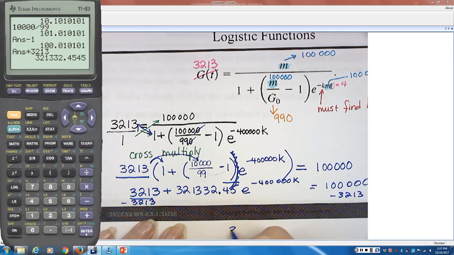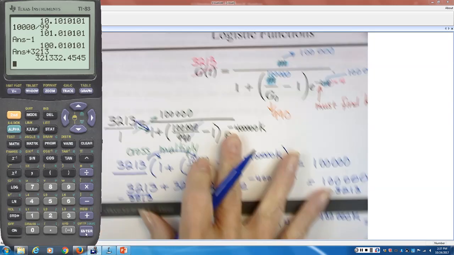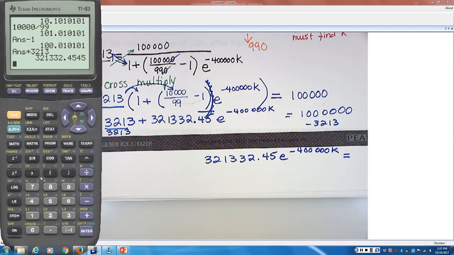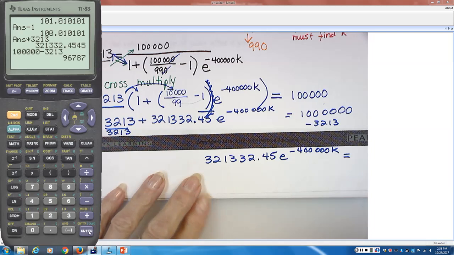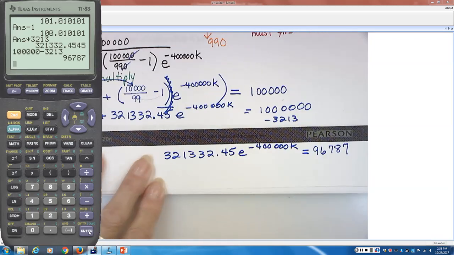So at that point, we have 321332.45 e to the negative 400,000 times k is equal to, let's see, what is 100,000 minus 3213? 96,787. So there's where we are right now.